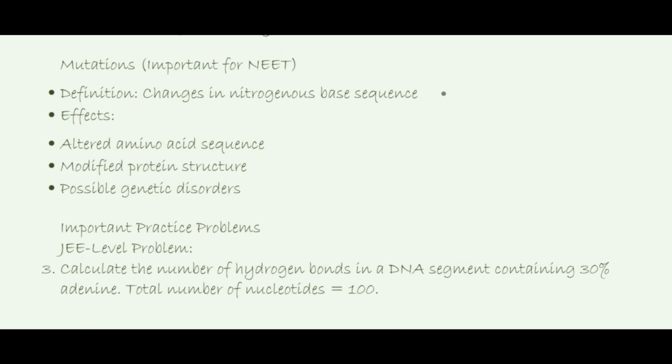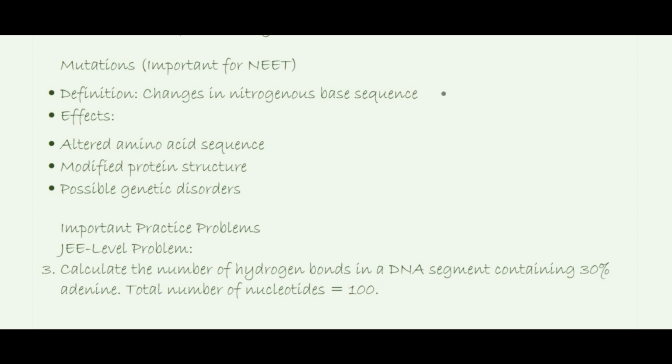Then, mutations. What happens in mutations is a change in the nitrogenous base sequence of our DNA molecule, which leads to the synthesis of proteins with an alternate sequence of amino acids. You must have heard this term, mutations, in the coronavirus period.